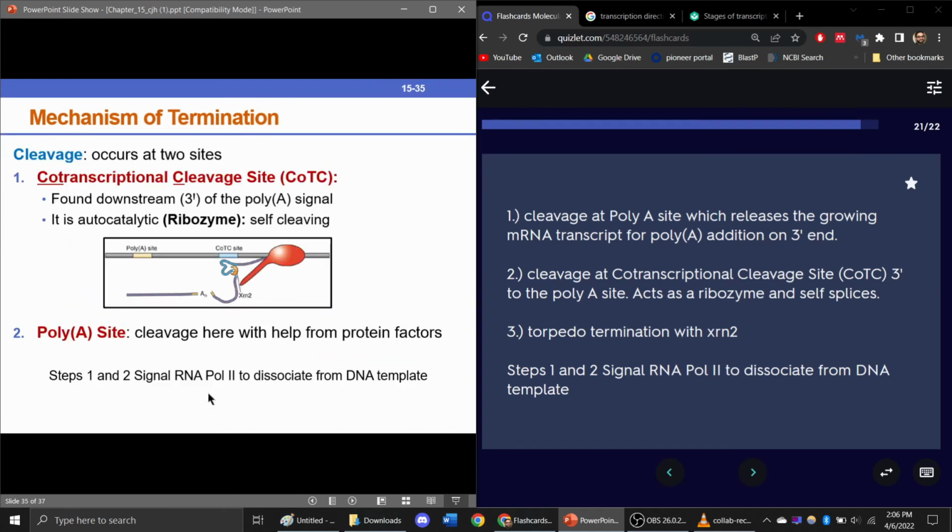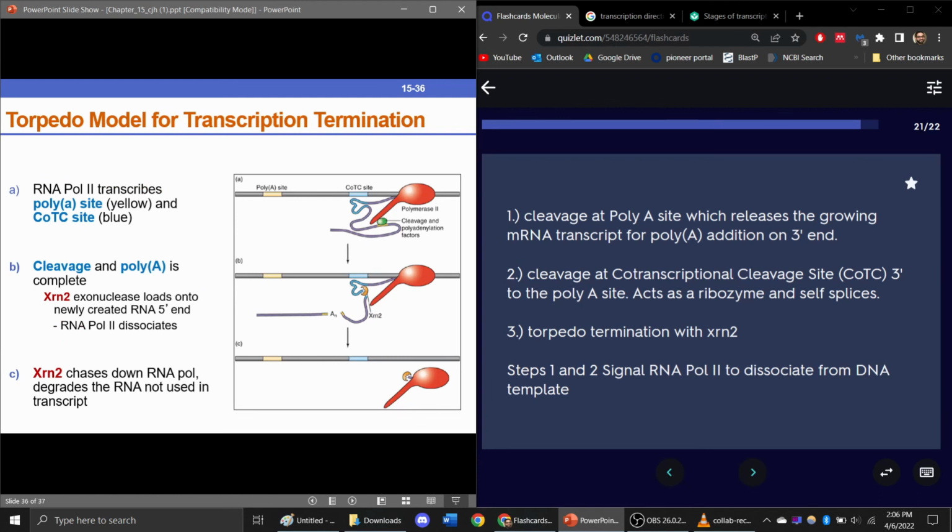So this is a really simple concept. Essentially, at your COTC site, there is this enzyme called XRN2, which is going to come onto where the COTC site cleaves. By the COTC site cleaving itself, you have this kind of noodle of RNA that is no longer doing anything. But by self-cleaving, it acts as the entry site for the XRN2.